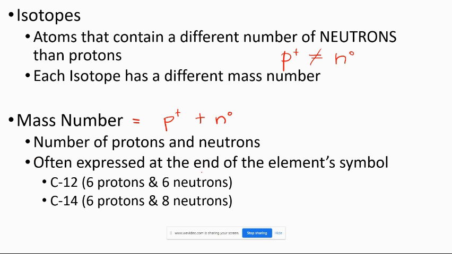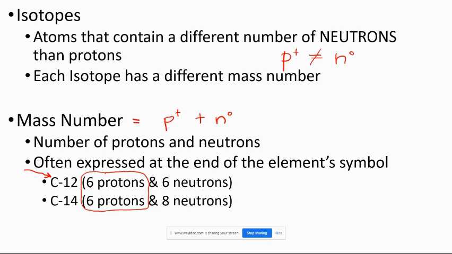This is often expressed at the end of an element symbol. For example, this would be carbon 12. This would be carbon 14. So carbon 12, we know it's going to have 6 protons. How do we know it has 6 protons? Yeah, it's carbon. That is the definition. Okay, the definition of an element is defined, its identity is defined by how many protons it has.